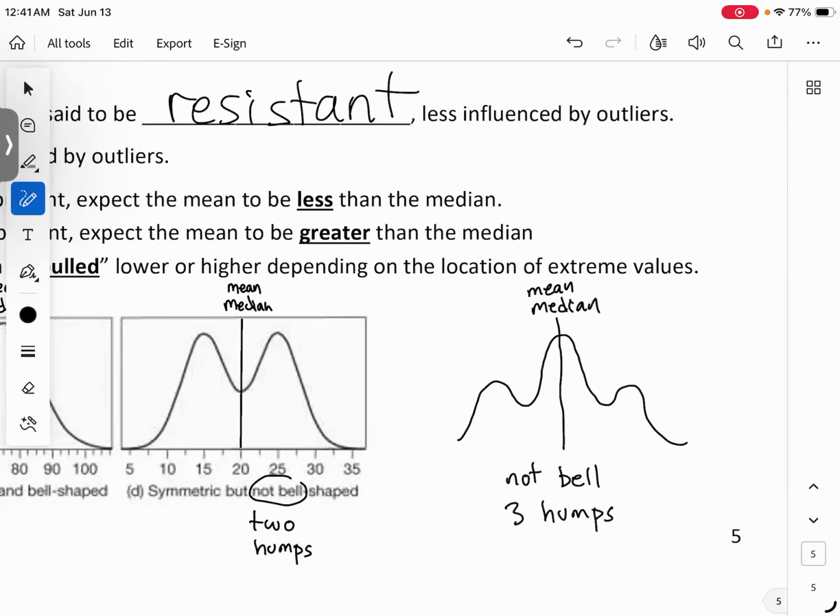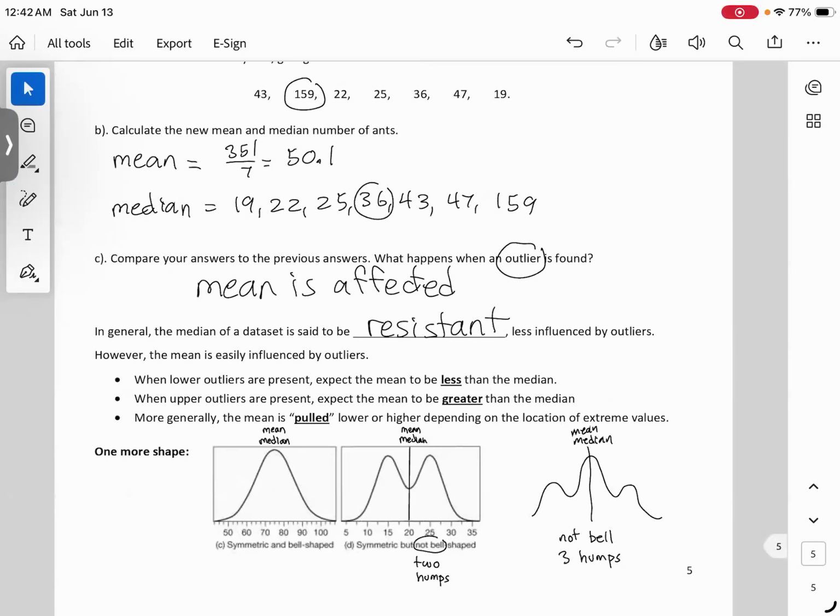So if it's bell-shaped, it's one-humped. That's why I said don't put the emphasis on the word symmetry. That's important too, but the key word is the bell shape that we're looking for. One hump. But I'll go ahead and end it there.